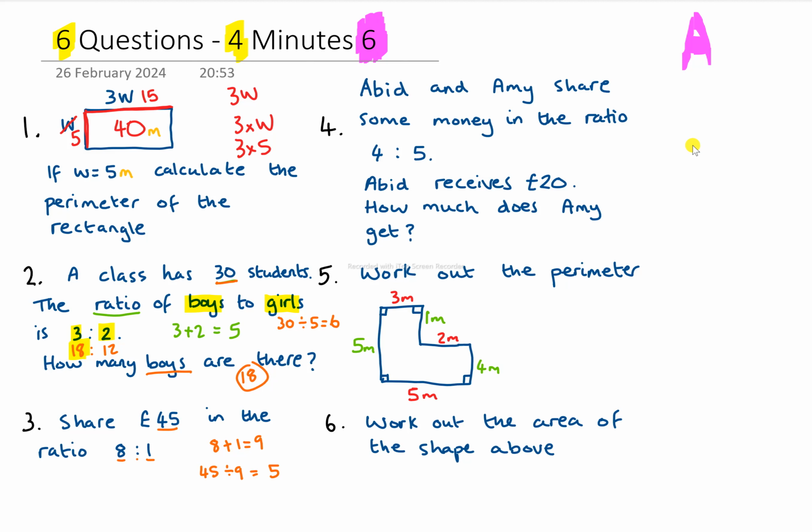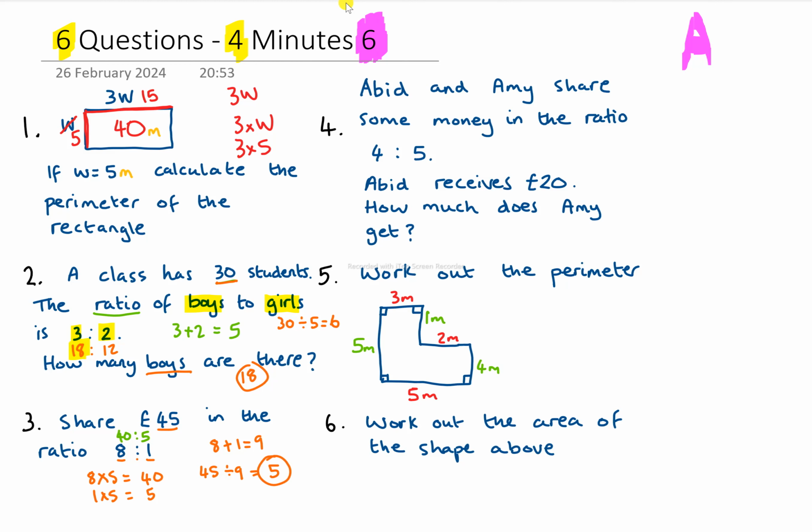So what we do is this 5, each part is worth 5, so we do 8 times 5 is 40, and then we do 1 times 5, which is 5. So the ratio is 8 to 1, which is 40 to 5. There you go.